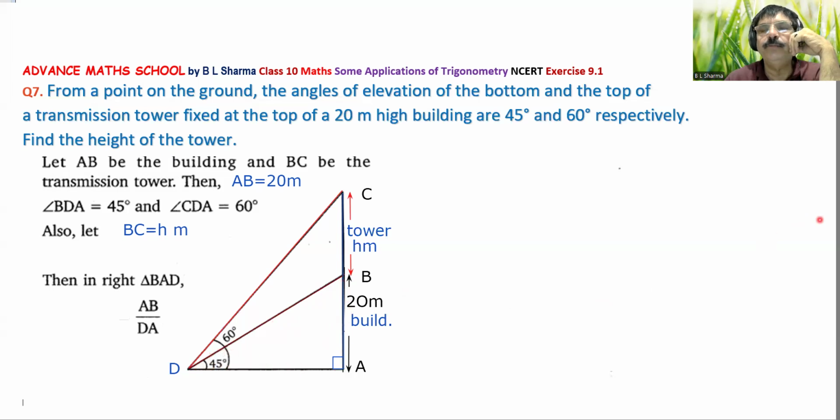So perpendicular upon base, that is tan 45 degrees, AB upon DA. But we know tan 45 degrees is 1, AB is 20, so DA is 20 meters.